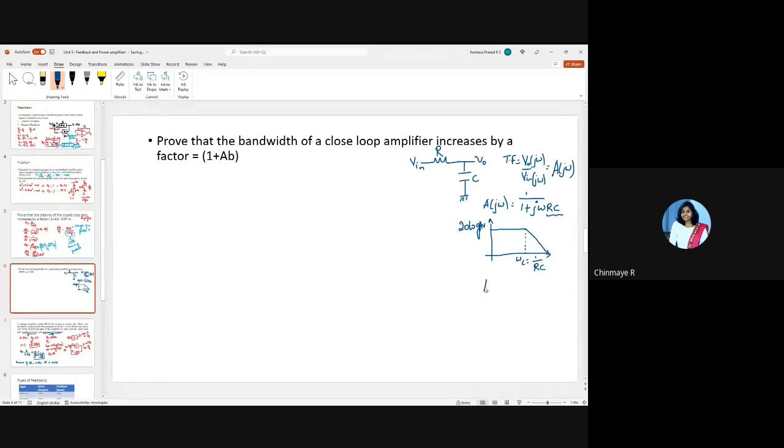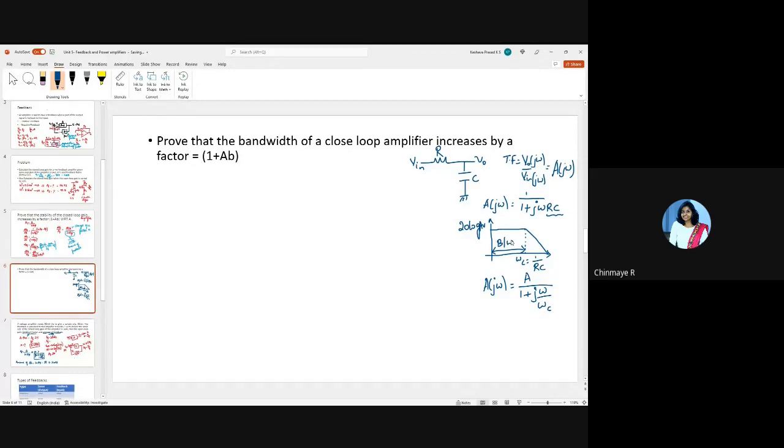Therefore, we can represent any single pole system, that has 1 j term in the denominator, generalized as A, where A is the maximum gain of the circuit, divided by 1 plus j omega over omega c, where omega c is nothing but the bandwidth.